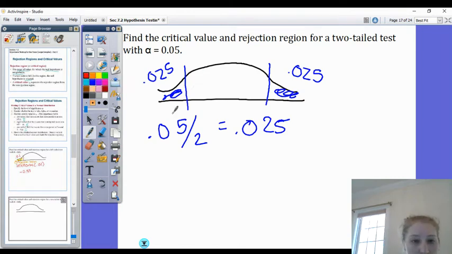Your z-scores are going to be the same number, but one is going to be negative and one is going to be positive. So if I use my inverse norm on the calculator, I'm going to get negative 1.96 and positive 1.96. Okay. So anything smaller than negative 1.96 or larger than 1.96 falls into the rejection region, so that I would reject that. If it's in between those two numbers, it's good to go.